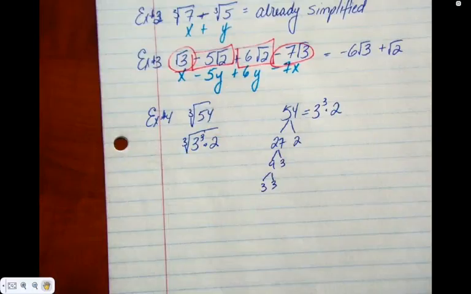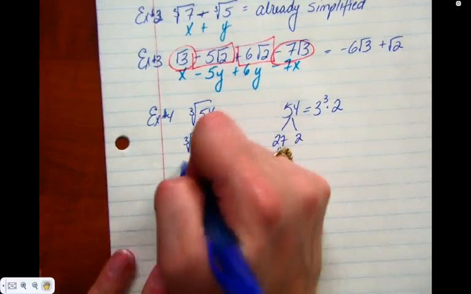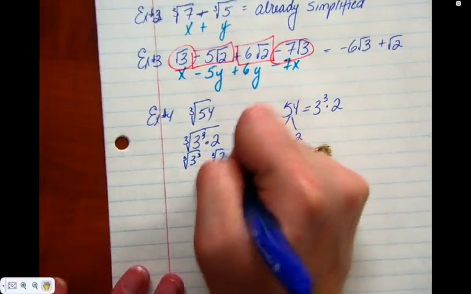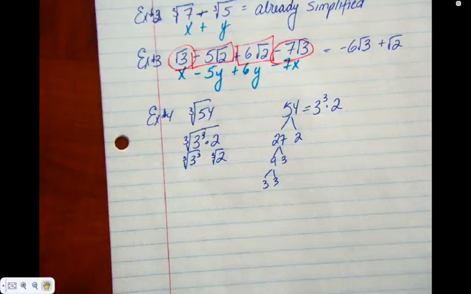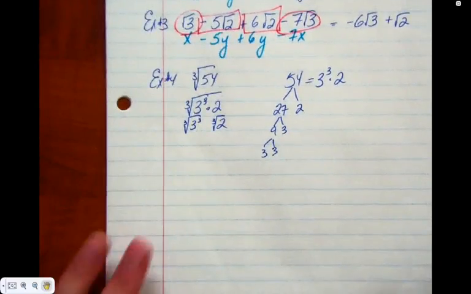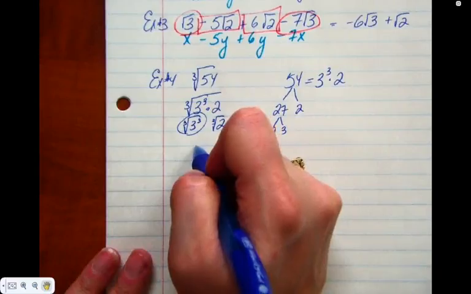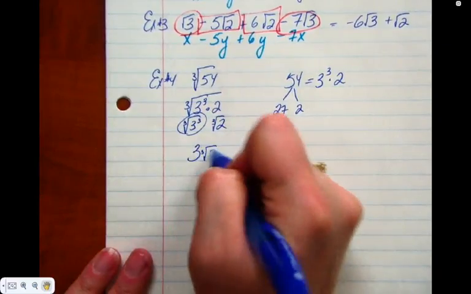If your brain would rather see 27 times 2, that's fine as well. And then we can break this guy up into cube root of 3 to the 3 and cube root of 2. And what happens with a cube root of 3 to the 3? Just becomes 3. And then I've got that cube root of 2 hanging around in the back.